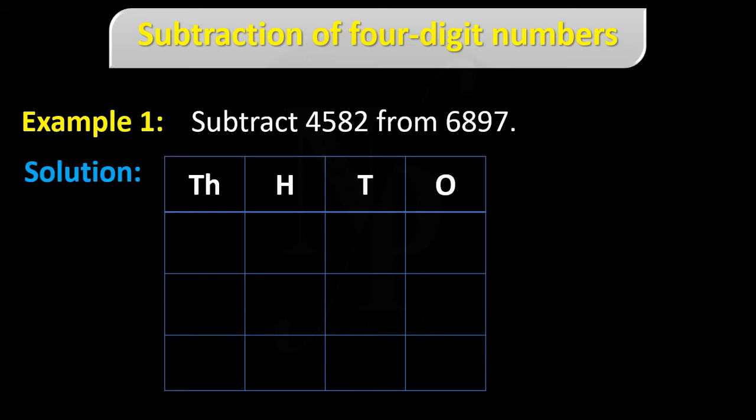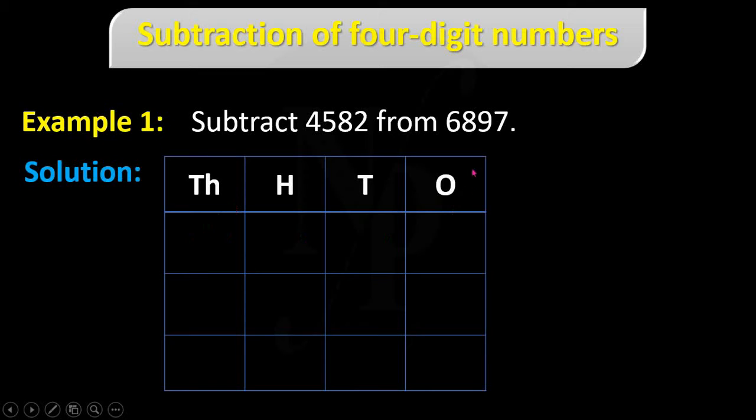appropriately. That means, subtracting 4582 from 6897 means 6897 should be written first in the first row here in this table. In the first row we have mentioned the names of place values.